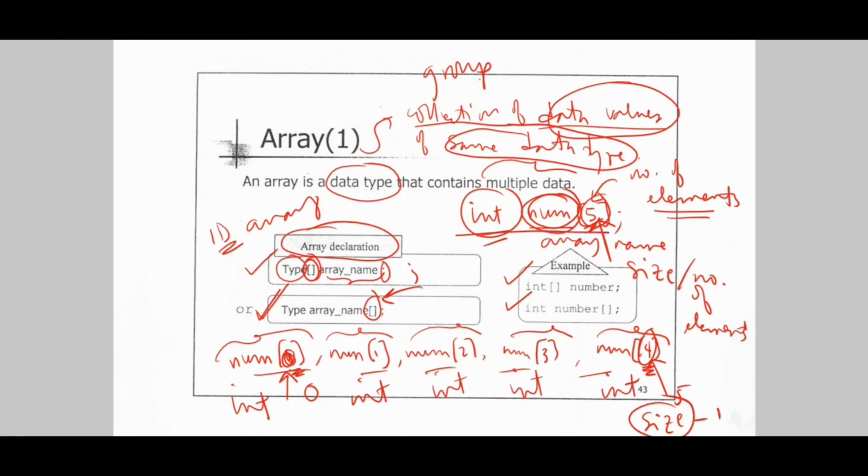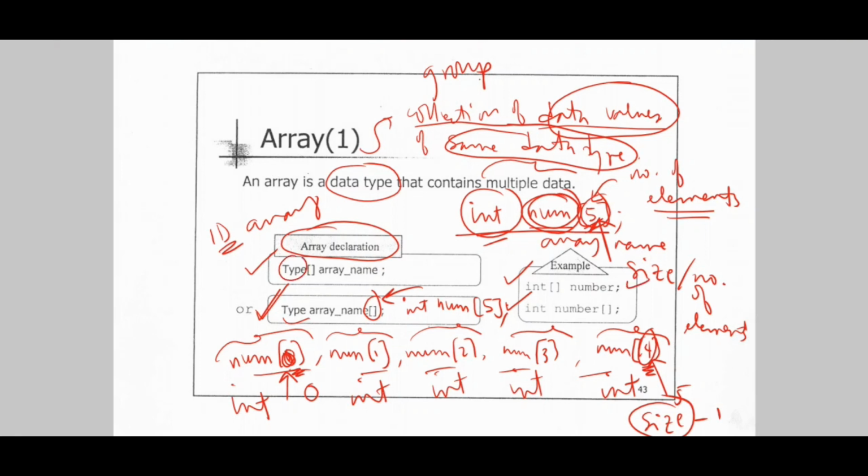So we could say for data type, int, array name is, say for example, num, and we specify here the size, say 5 elements. Okay. So for the first syntax, our example is this one.